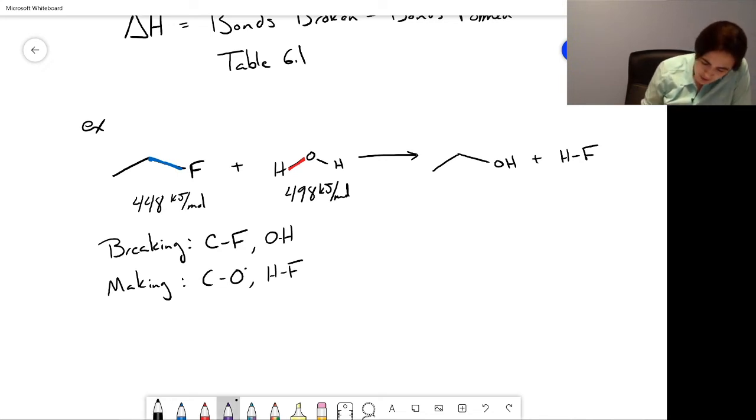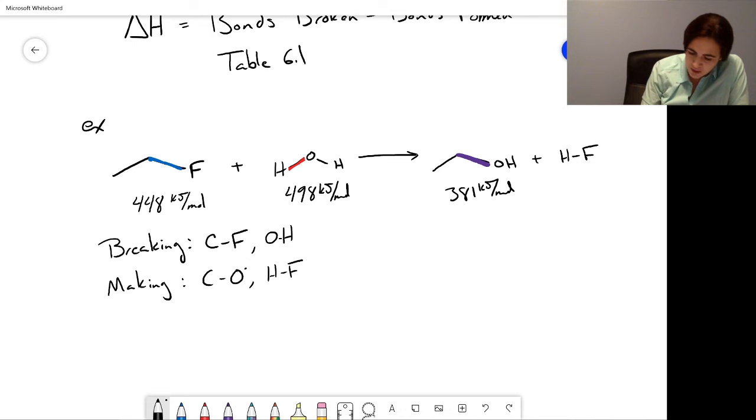Now if we look at our CO bond, we're going to see that we have 381 kilojoules per mole. And then our HF bond, we'll do it in a funky color just for fun, will be 569 kilojoules per mole.